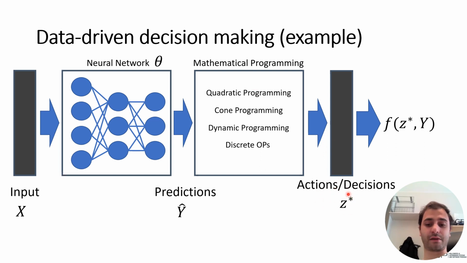In this case, z star, we are assuming that this decision is optimal with respect to the prediction. Then we can put it into the objective function with the actual y to evaluate it, or to create a loss function which mimics exactly the downstream task. So this is a type of end-to-end learning, right? Because we are trying to directly minimize the objective function that we have from the optimization problem.